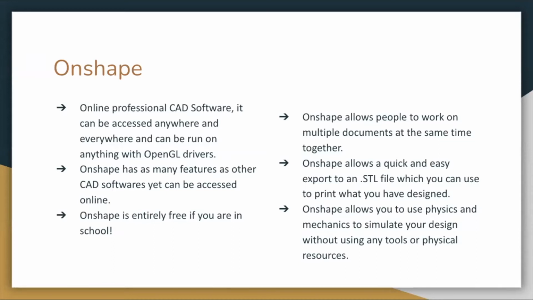It allows you to work on the same document with multiple people, like a Google Doc. It allows you to make 3D printing files, like STL files, which allow you to print your design. And it also allows you to simulate the designs that you've made in real life, like adding physics and connections between different parts.